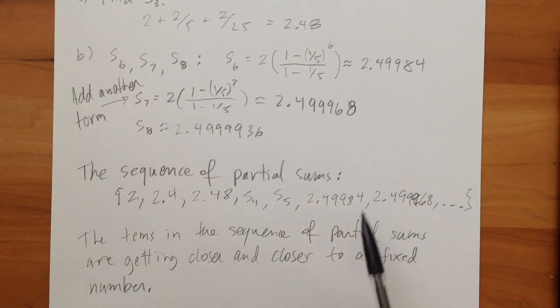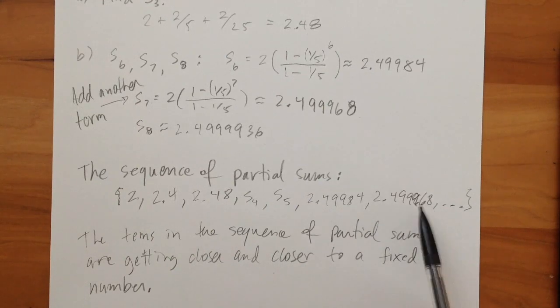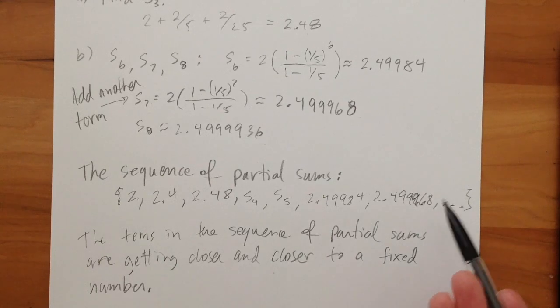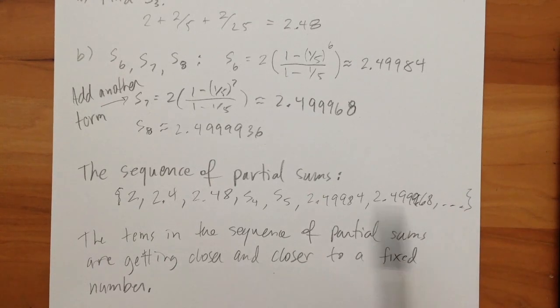So again, every time I add on a new term, my total sum is getting closer and closer and closer to 2.5. So it turns out that fixed number that the terms of the sequence of partial sums are getting closer and closer to, we define that to be the value of the infinite geometric series.